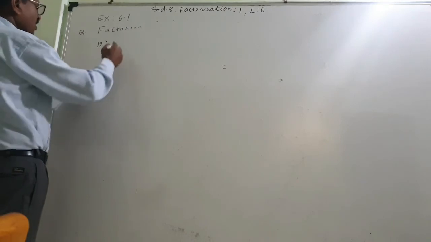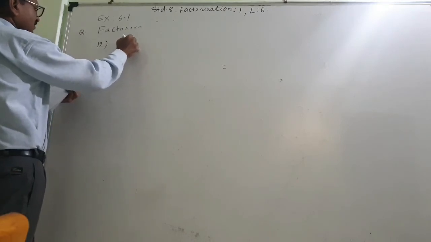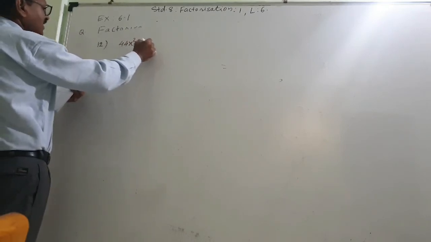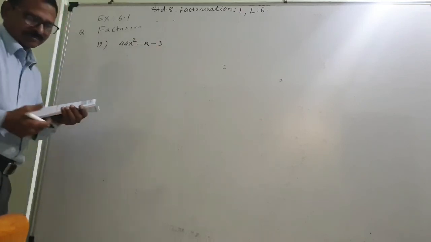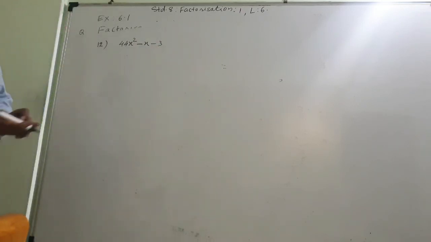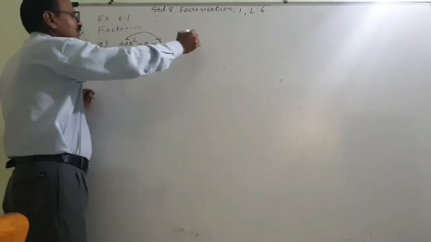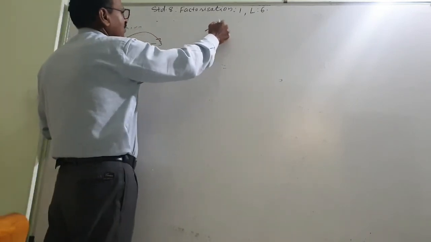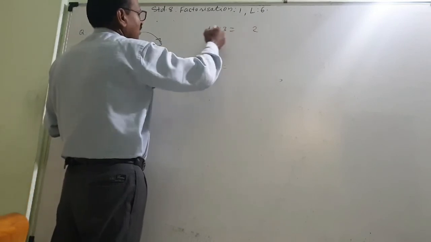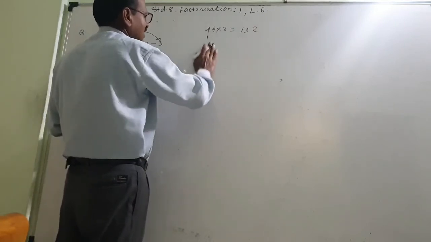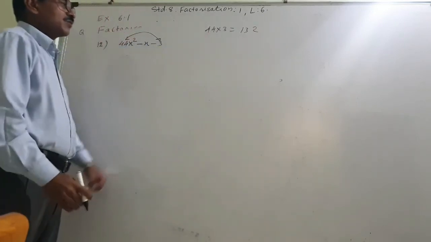12th question is 44x square minus x minus 3. Again I have to say that 44 into 3, I have to find the factors. So 44 into 3 is equal to, 4 3s are 12, 4 3s are 12, 1, 1, 3, 132.